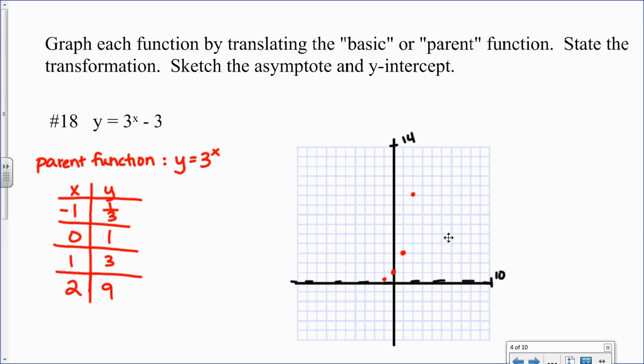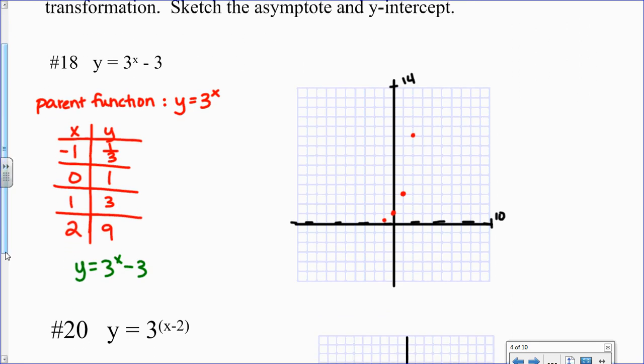But if I look at my transformed function, what's the transformation? What does this -3 do? So it's at the end, so it's down 3.